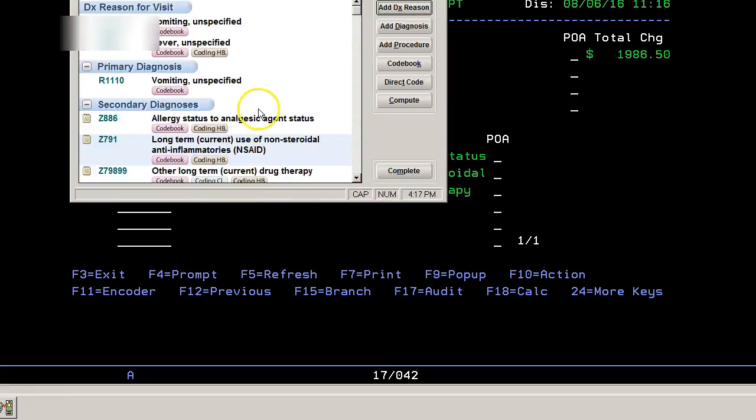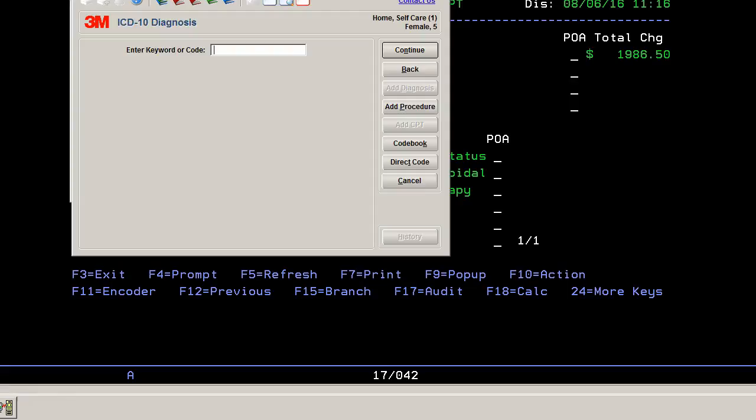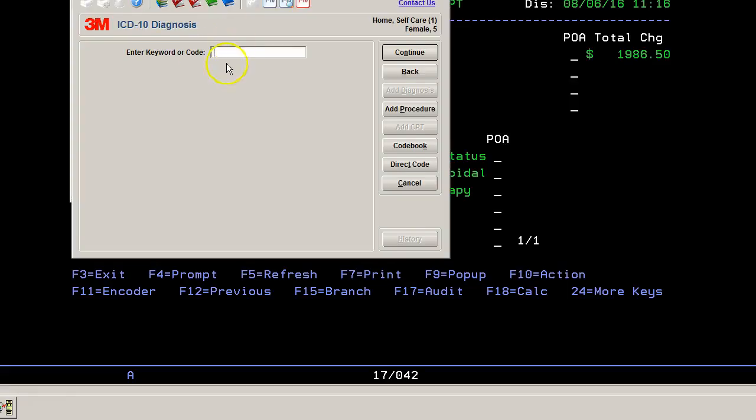And this software is called 3M. This is an actual encoder. It is an electronic version of the ICD-9 manuals, the CPT books, and the coding rules and guidelines all in one system, which is very easy for us as coders.